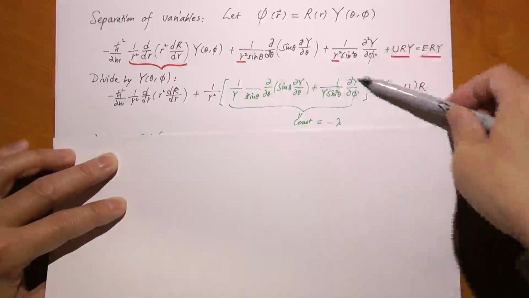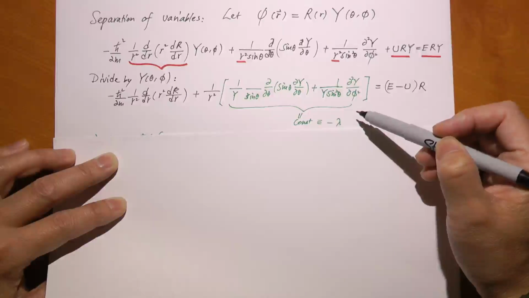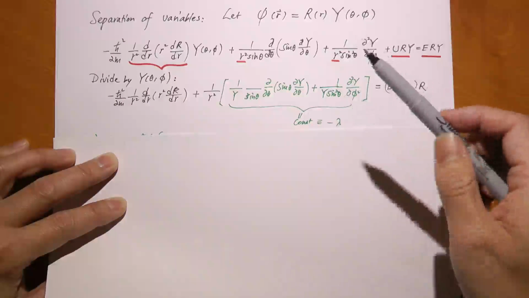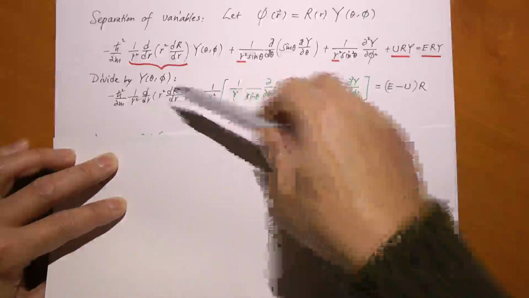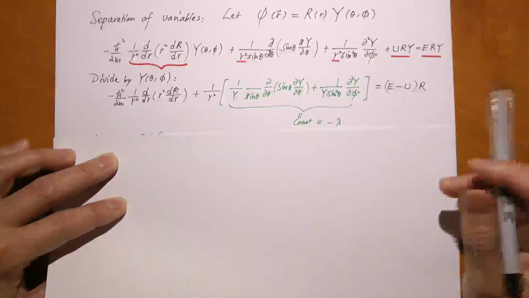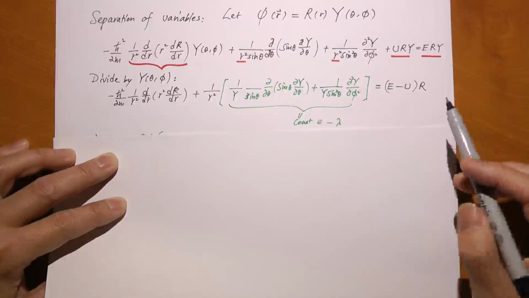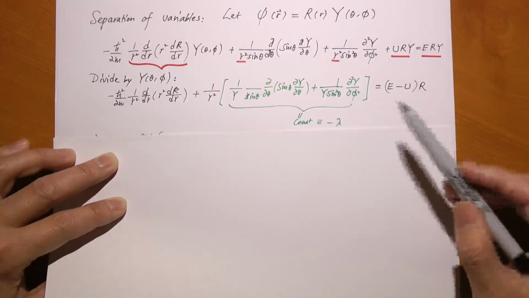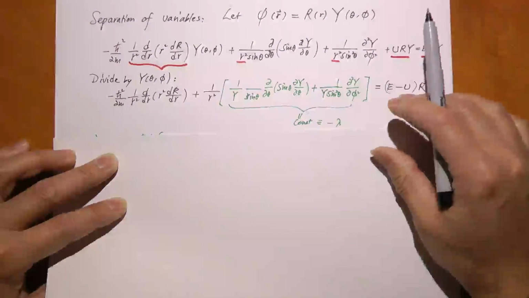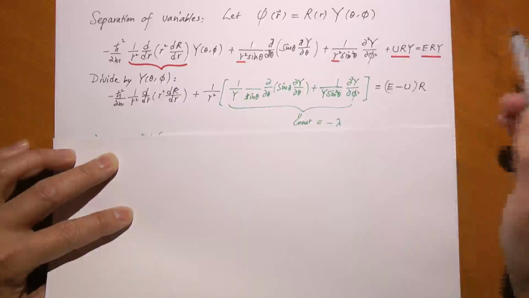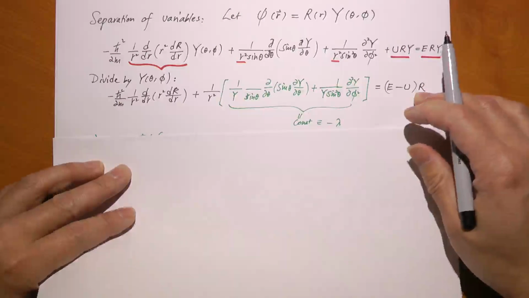But if this part changes as you change theta and phi, then you're going to have a problem, because how come I only vary this part and yet the equation remains valid for those values that are unchanged, right? So therefore, it is clear that this function, the green part of the equation, should be a constant all by itself. And we call that constant negative lambda.